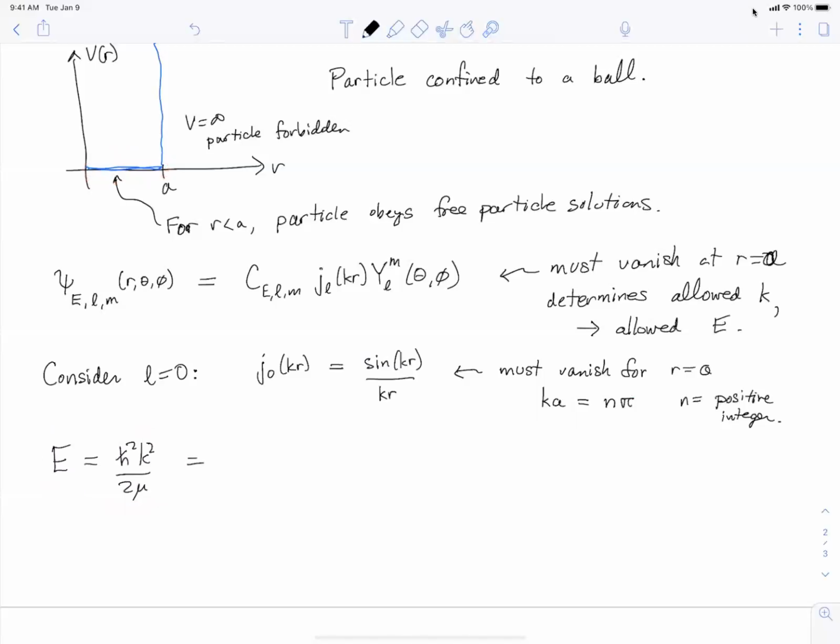Now we just plug in for k. This is h bar squared n pi squared over 2 mu a squared. Okay, so those are the allowed energies for the l equals 0 and m equals 0 states.